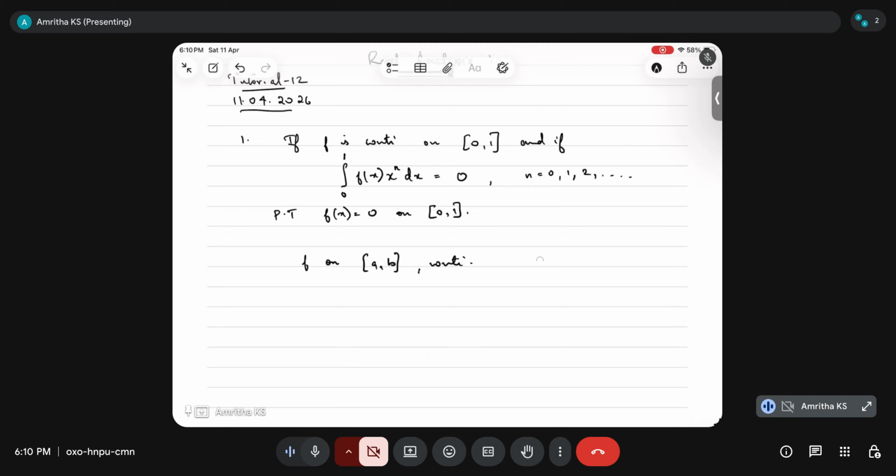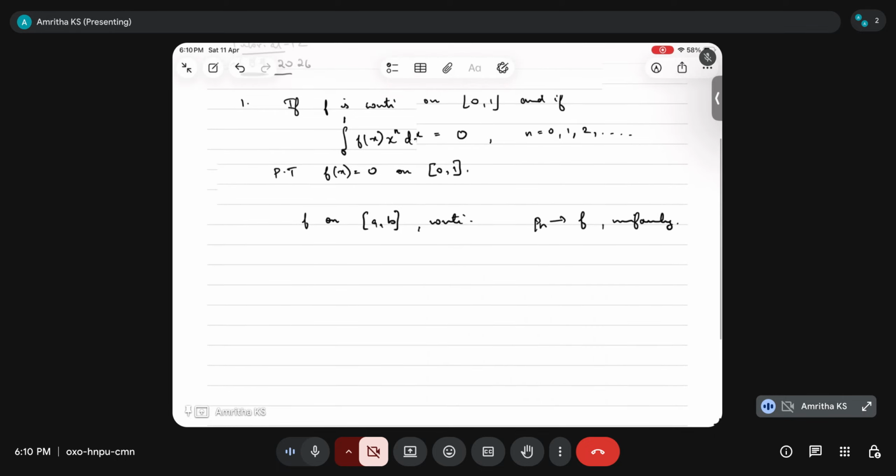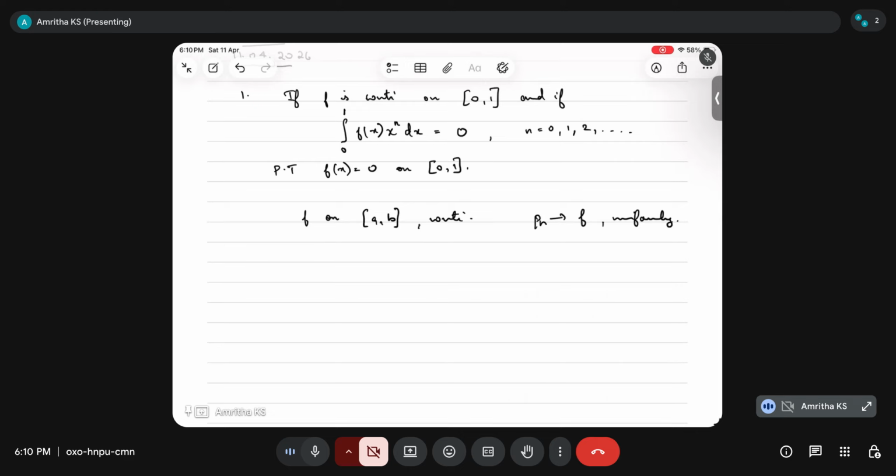That means there exist some polynomials Pn that converge to f uniformly on that interval. Now for this question, you should prove that f(x) is 0.